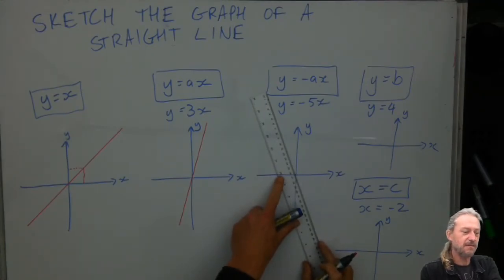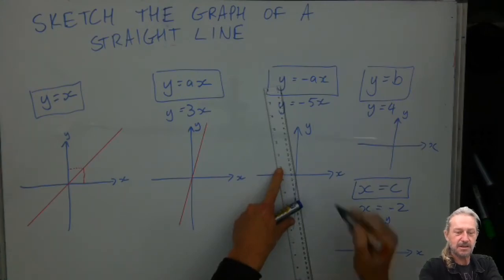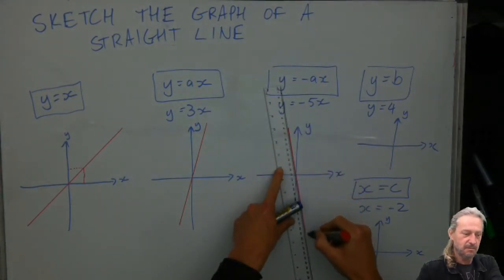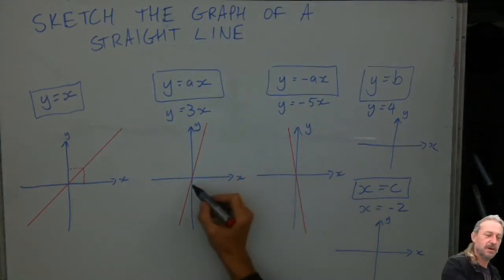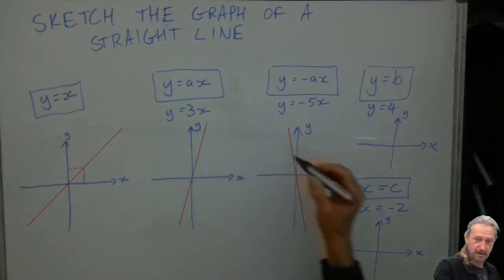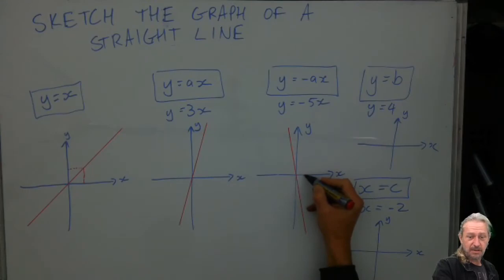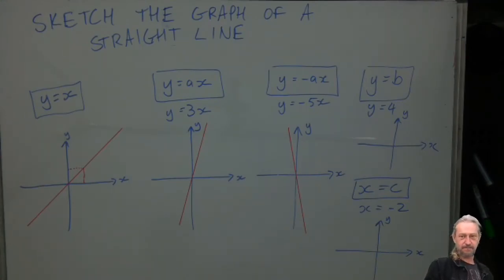This one's negative, and it's even slopier downwards than that. So let's put it in like that. So this one, for every one step we come across, we go up 3. One across, up 3. But this one, for every one step we come across, we go down 5. One across, down 5.